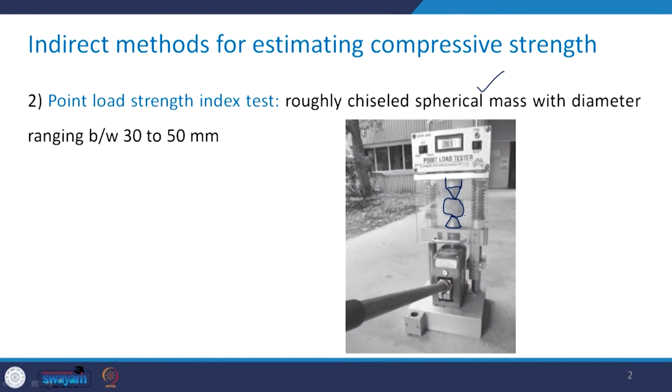Then with the help of this lever, you just apply the load, and whenever this specimen breaks, you note down that particular load. Using that load, we will be finding out the point load strength index, and that would be correlated to the compressive strength of the rock.